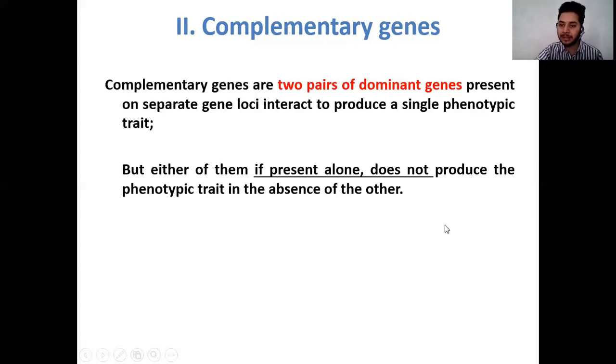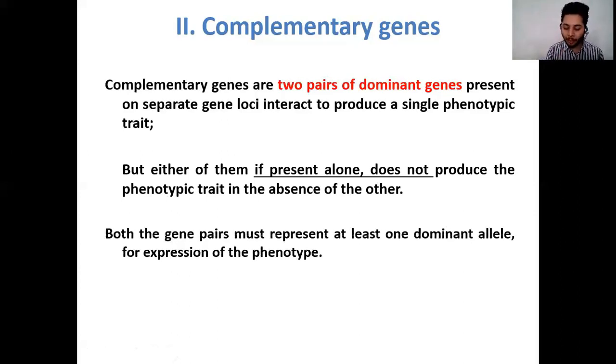If both of them are present together, then only the phenotypic trait will be produced. If either of them is absent, no phenotypic trait is produced. Both gene pairs present on separate loci must have at least one dominant allele, and only then will the phenotype be expressed.